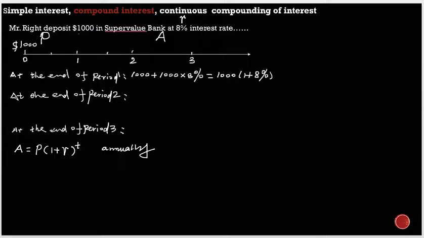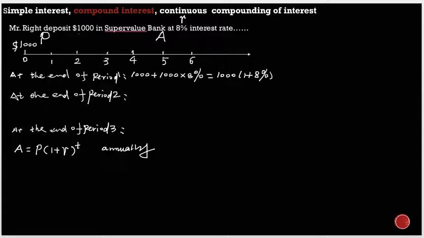We divide every year into 2, so we have 6 periods. 1, 2, 3, 4, 5, 6.